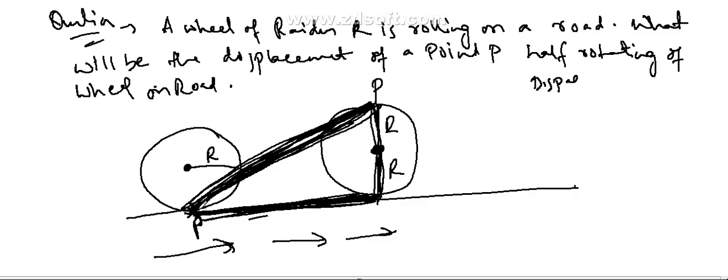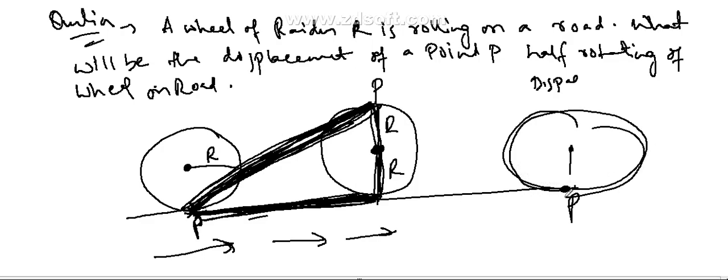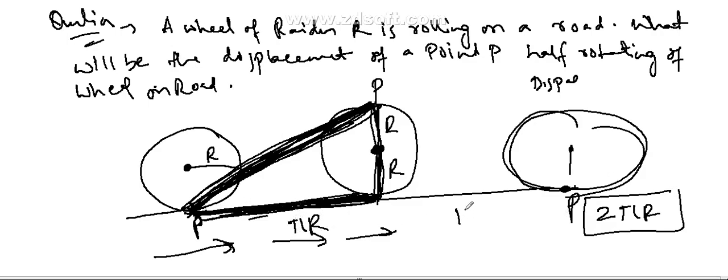That means one complete rotation of the wheel is the circumference of the circle, 2 pi r. So half is pi r. So this distance is pi r, and this also is pi r.